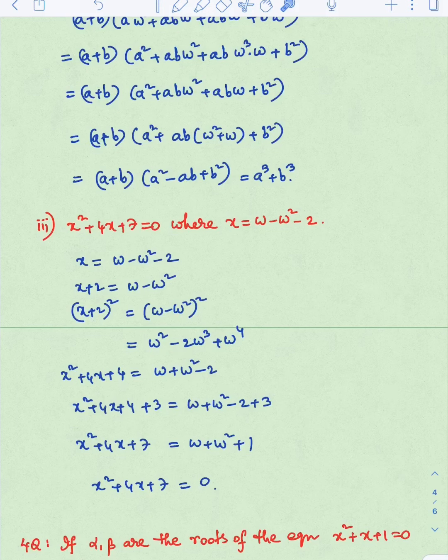Omega square. 2 into omega square means 2 omega cube. It will become omega power 4. This is also x square, 2 into x, that is 4x, 2 square is 4. Here omega square, what is this? Omega cube into omega. Omega power 4 is omega cube into omega, which is omega.